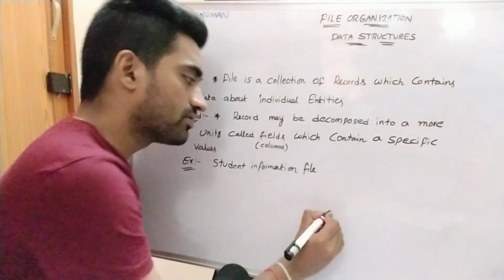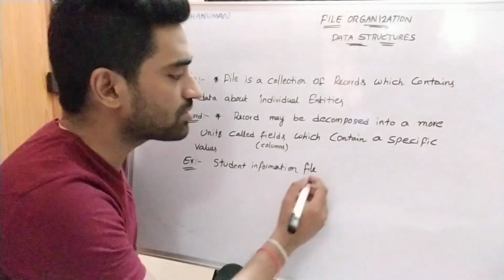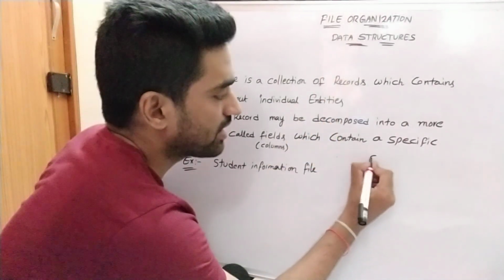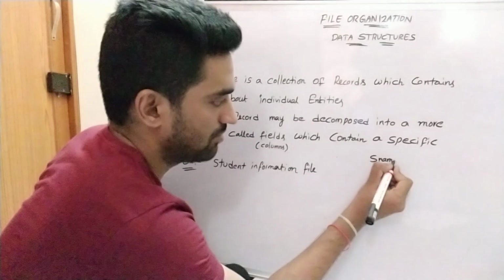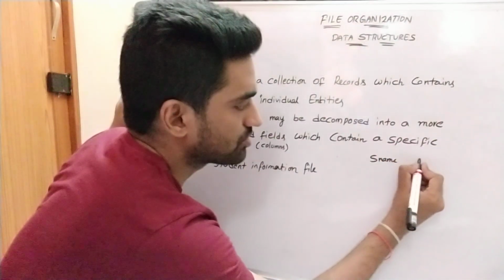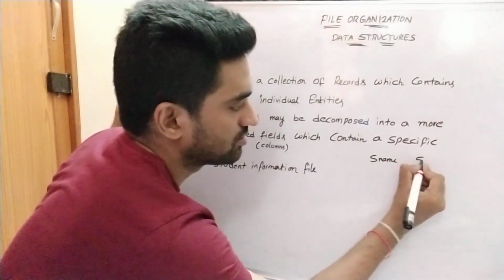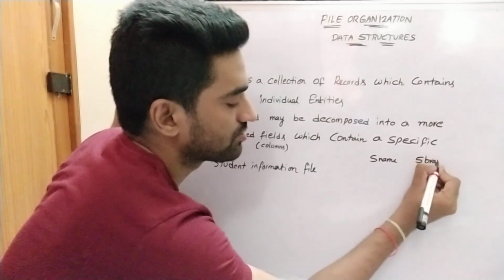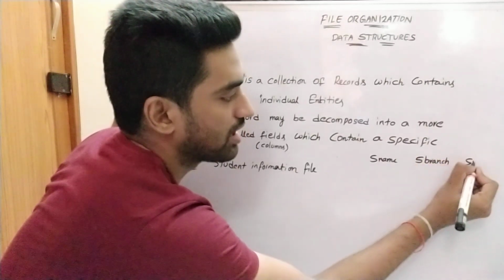Generally, the student information file consists of student name, student branch, and student marks.